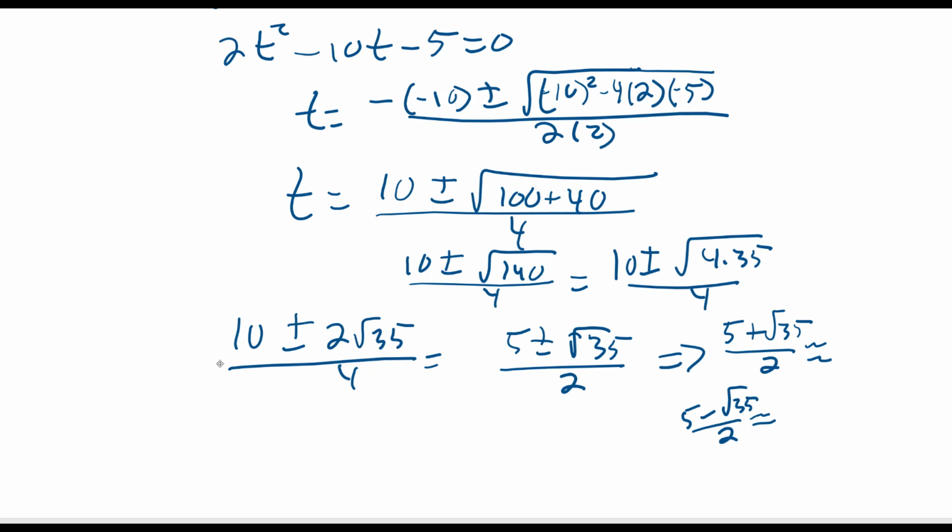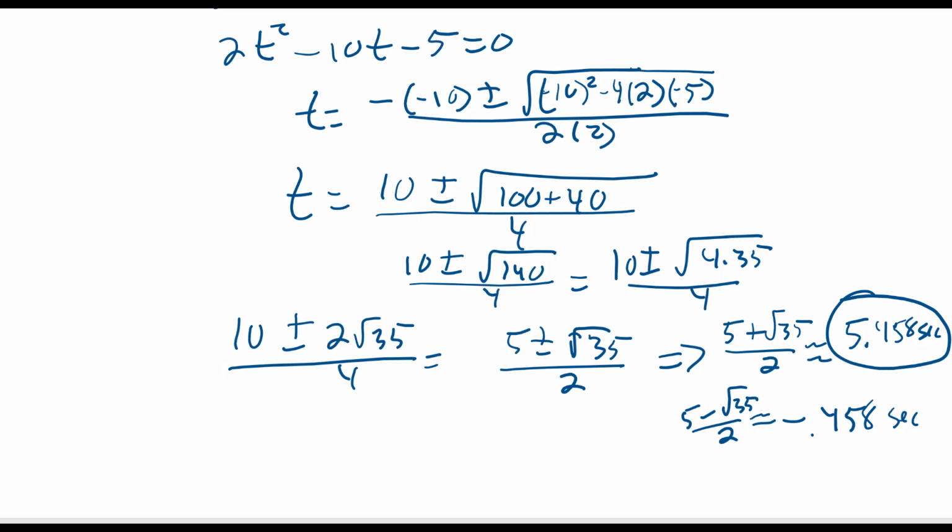So we're looking at 5.458 seconds. And then for the other one, it'd be negative 0.458 seconds. And so clearly this is the answer. And that actually is a reasonable answer too.